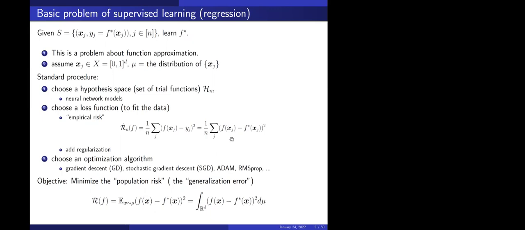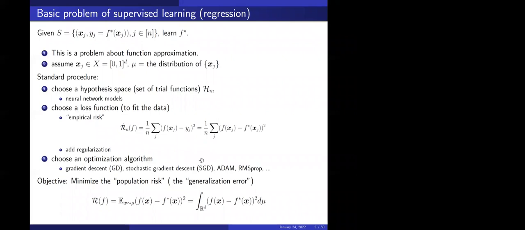Since we are given a finite number of function values, the simplest idea is just to fit the data, the so-called training data. And that means we can formulate an optimization problem like this. We can define an objective function like this. We can also add regularization terms, and sometimes we do. So that's the second step. The third step is to solve this optimization problem with some algorithm like gradient descent or stochastic gradient descent.